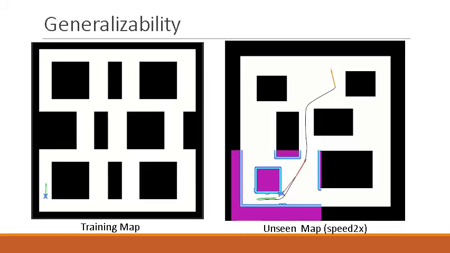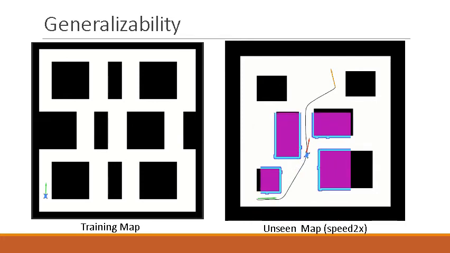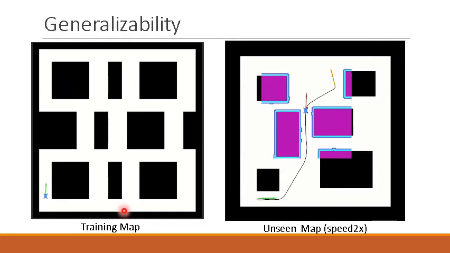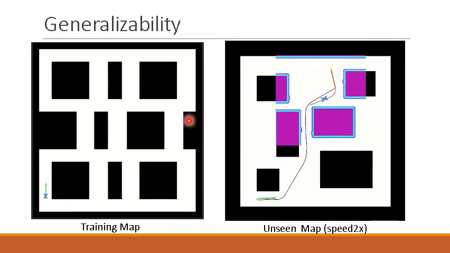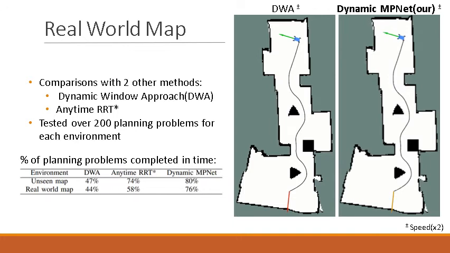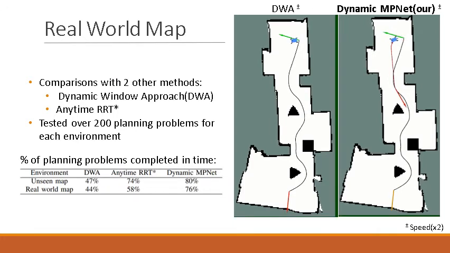We were able to show that dynamic MPNet was able to generalize to unseen maps. Here, the network was trained on the map on the left and was able to solve planning problems for an unseen map shown on the right. We compared our algorithm with two other methods, dynamic window approach and anytime RRT star.